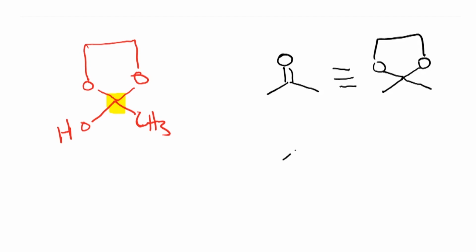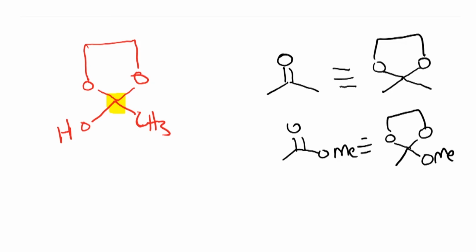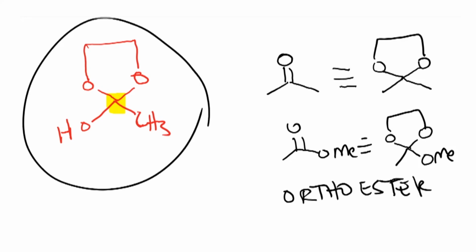Now a similar exercise with a carboxylic acid ester will give you OMe CH3. So this is called an ortho ester. Okay, so this molecule over here is an equivalent of an orthoester.